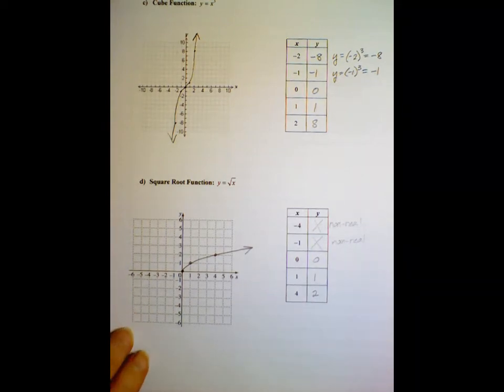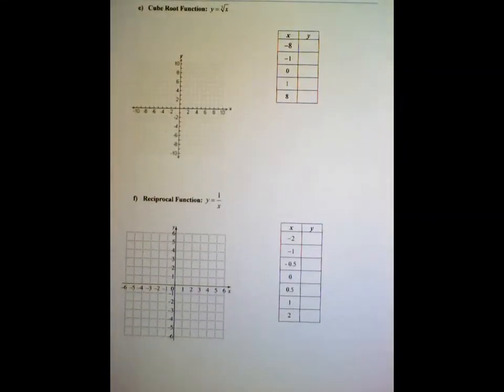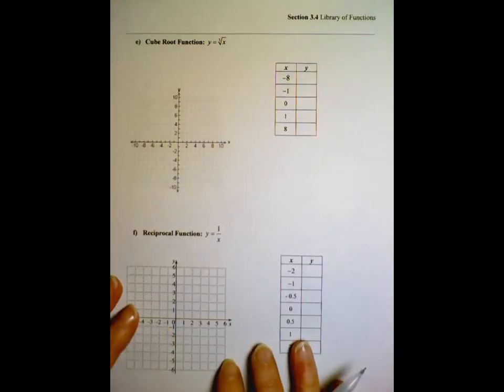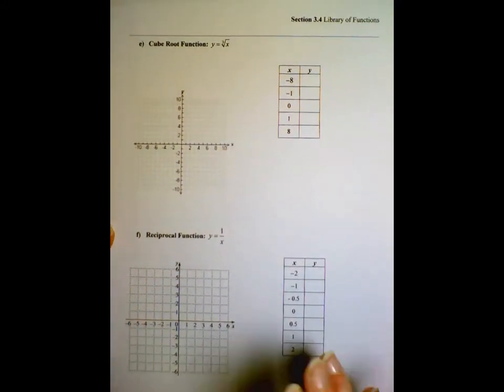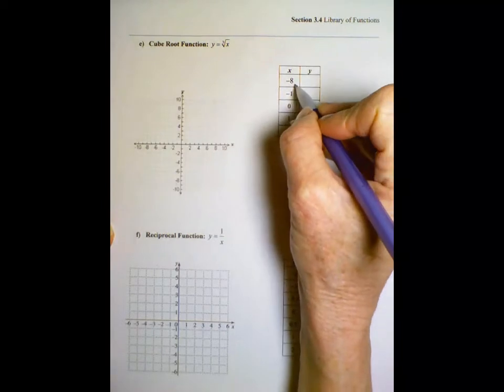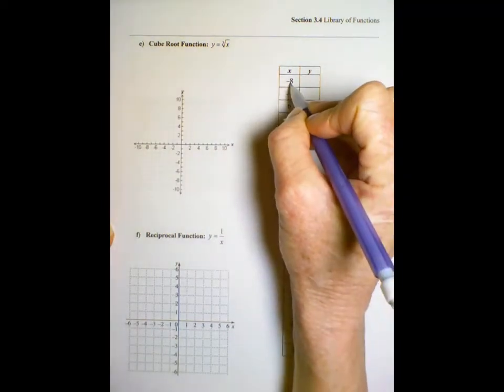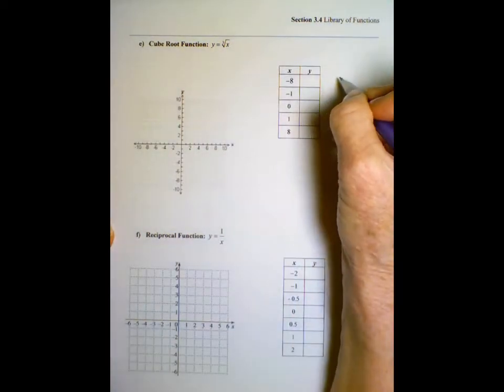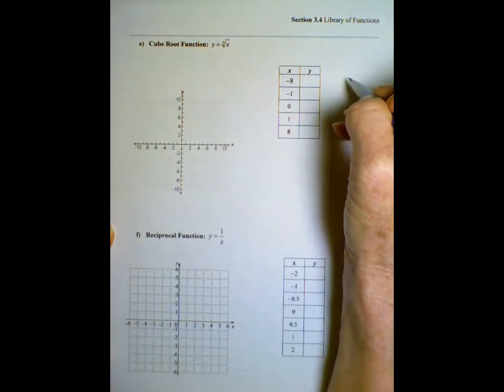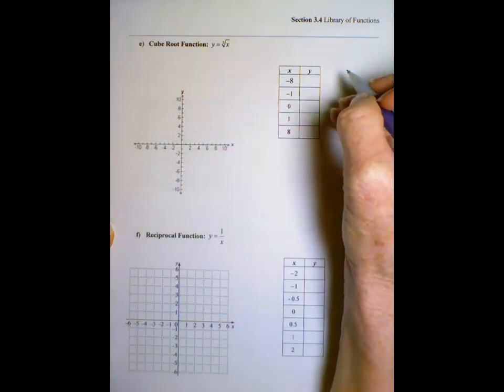Okay, so let's go on to the cube root function. We saw the cube function, but now let's see the cube root function. All right, now we have the cube root where it's suggested we put in -8. Can we take the cube root of -8? We certainly can.